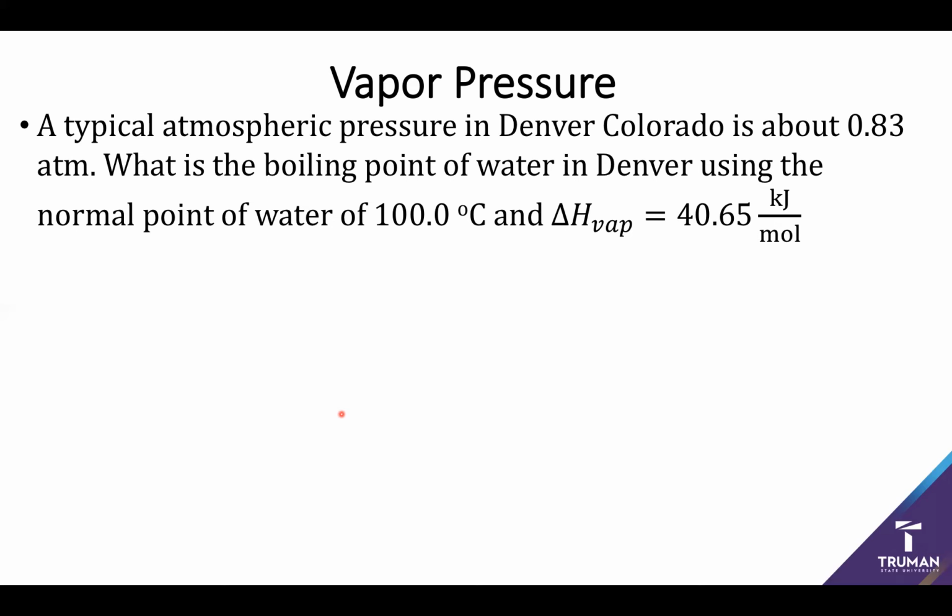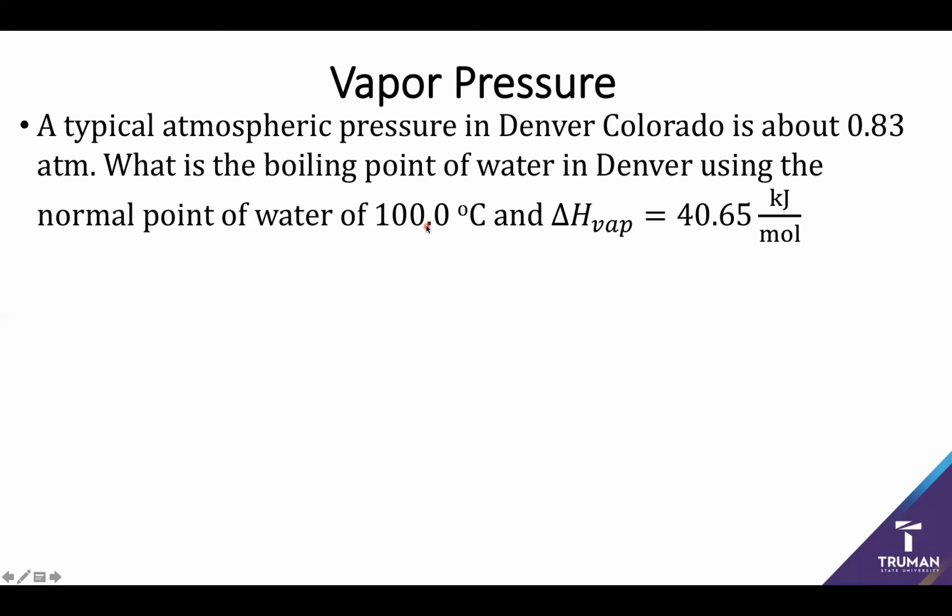Because remember, atmospheric pressure is only 1 ATM at sea level. If you go up a mile into the air to Denver, Colorado, the atmospheric pressure is 0.83 ATM. And since the atmospheric pressure is different, it means that the boiling point is different. So what's going to be the boiling point of water in Denver?